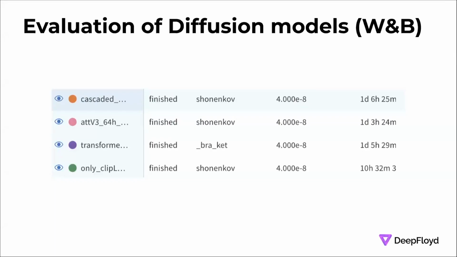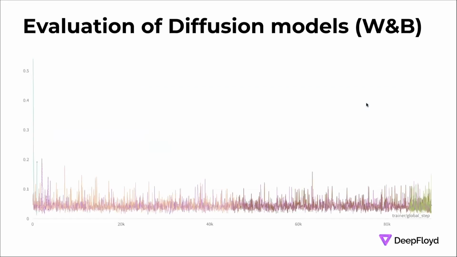I want to tell you how to decide which things you should use or not use during the training of these kinds of big image models. In the early days of developing the DeepFloyd IF model, we made several experiments. They took from 10 hours to maybe a day and a half. After finishing them, we wanted to decide which model was better.